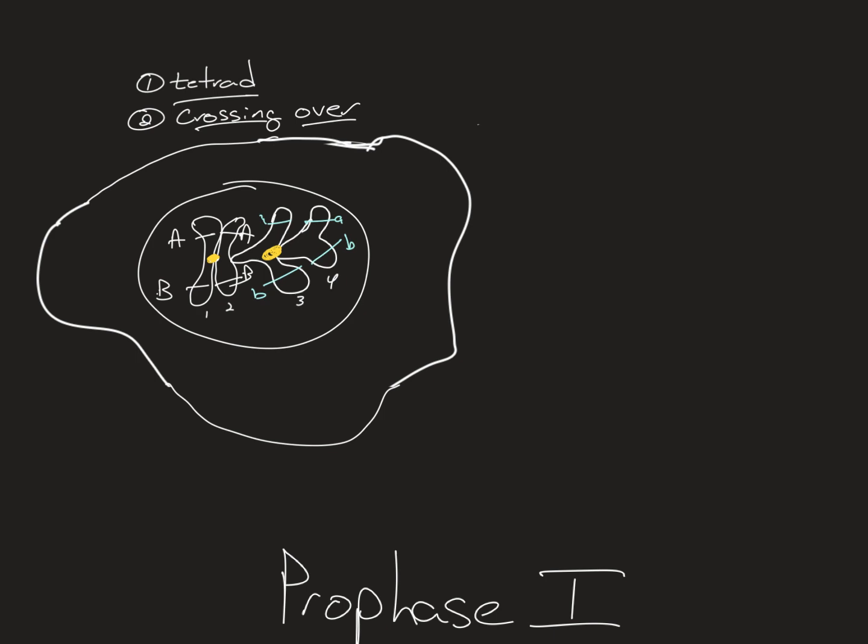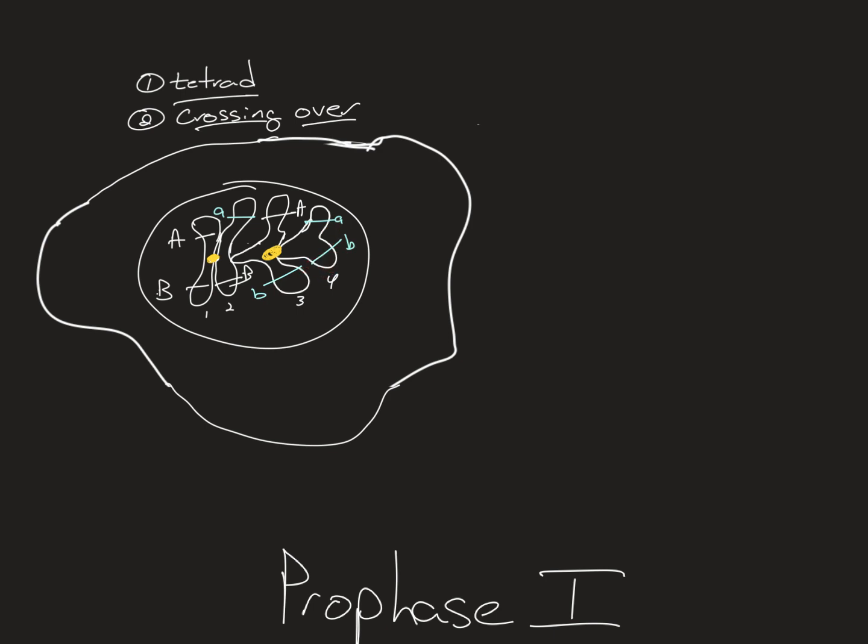So what happens is this breaks off and you get the little a over here, and over here you get the big A. So now you have big A, big B, but then you have little a, big B, and you have big A, little b, and little a, little b.